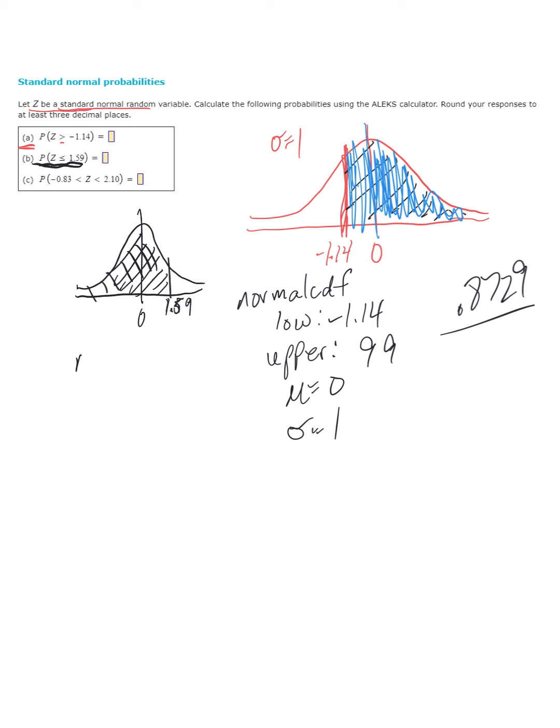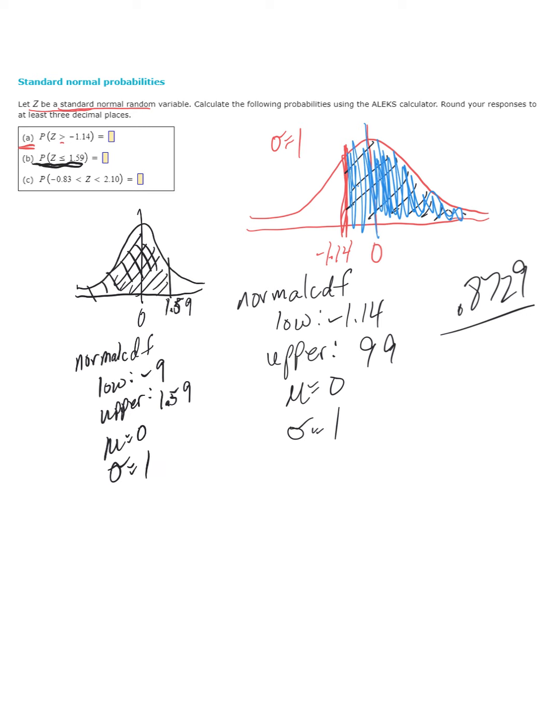So if I do normal CDF, lower bound, what are you thinking? Hopefully you're thinking something like negative 9 or negative 99. Upper bound, I'm hoping you're thinking 1.59. And then mean's going to be 0. Standard deviation is going to be 1.